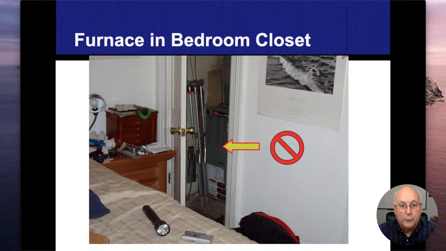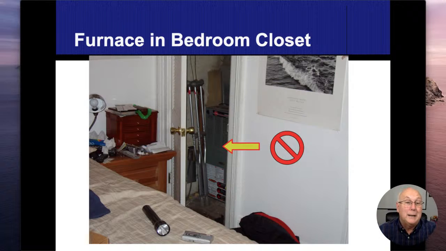All right. So if that door that we're looking at right now is an exterior door and it has weather stripping all the way around it, and when that door is shut, air is not passing through it, and we do have another combustion air source outside, that furnace located there is just fine.